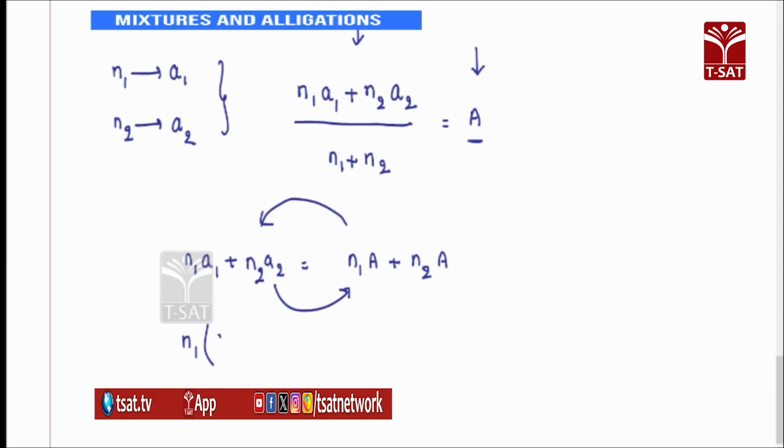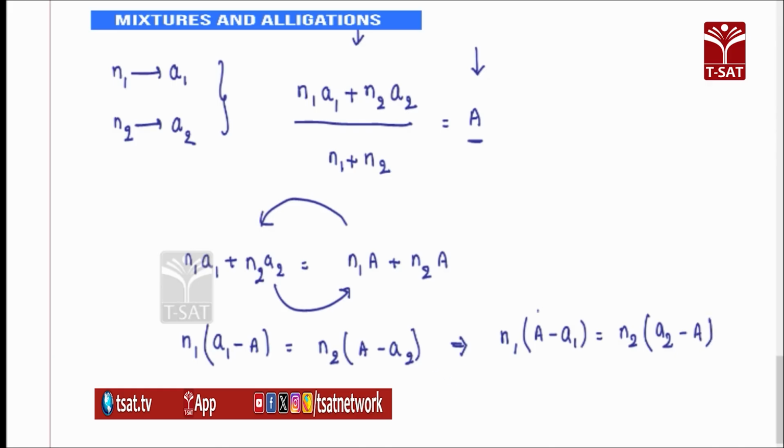It becomes N1 into small a1 minus capital A is equal to N2 into capital A minus A2. If you take common negative from this, you'll also get N1 into capital A minus A1, N2 into A2 minus capital A.